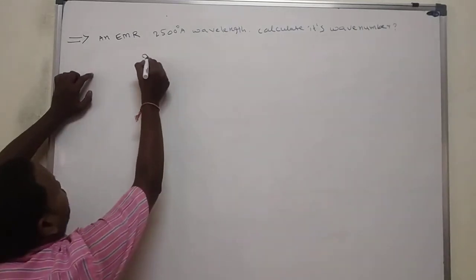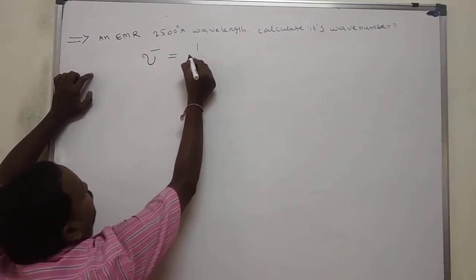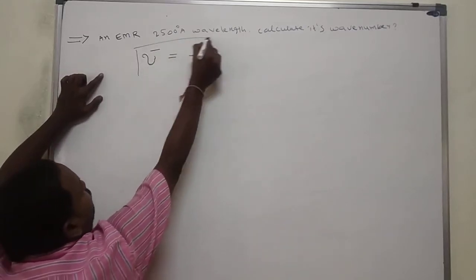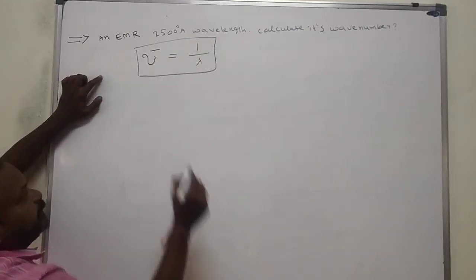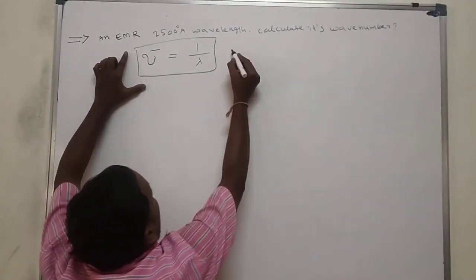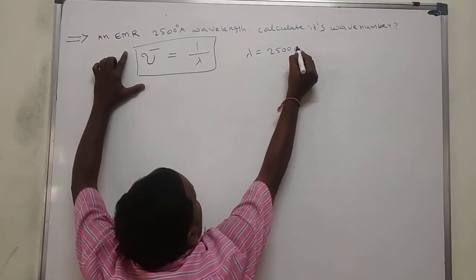Wave number is indicated with nu bar. The nu bar is equal to 1 by lambda. This is the principle, which we discussed in the last video. Here lambda is 2500 angstroms.